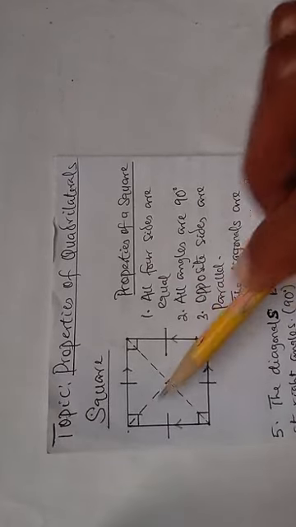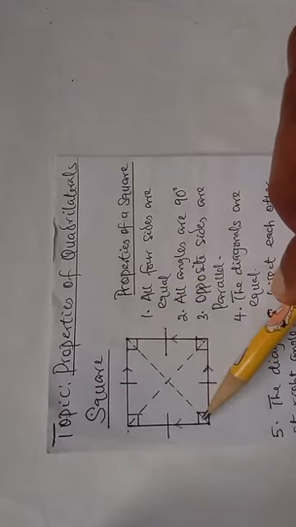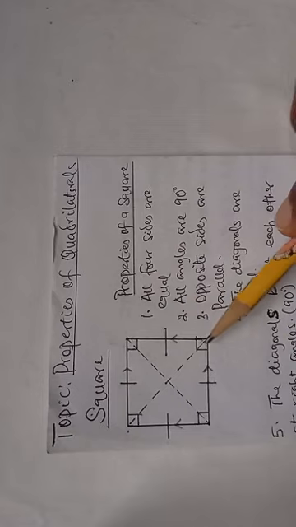Is that okay? Now the fourth one says the diagonals are equal. This diagonal, the line that runs from one vertex to another end, this is a diagonal, another diagonal, from one edge to another edge. All right. So they say the two diagonals are equal.